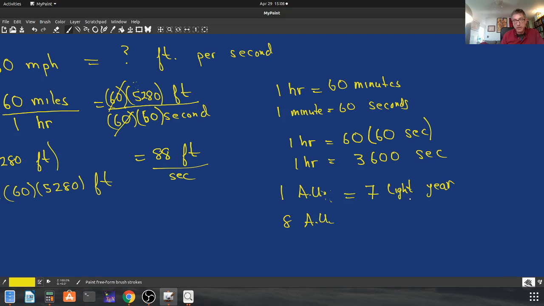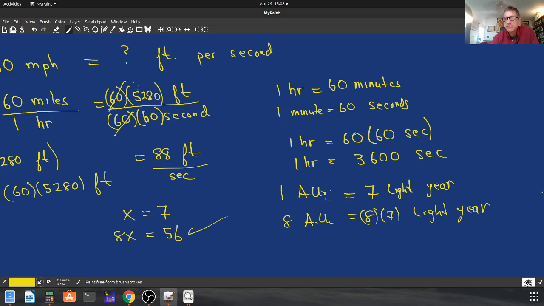It's equal to 8 times 7 light years. So basically it's all the same stuff, just using the principle of multiplication. If x is equal to 7, then 8x is equal to 8 times 7, which is 56. And that's it for our unit conversions.